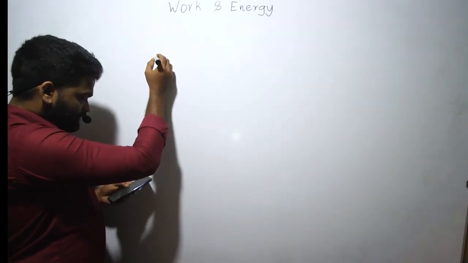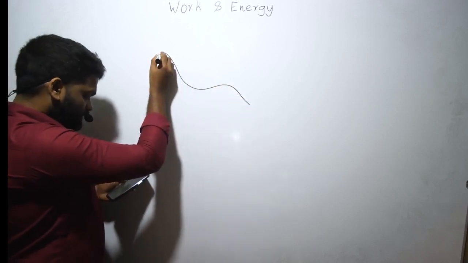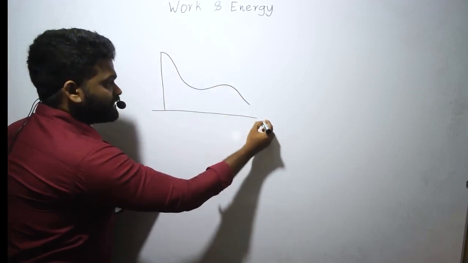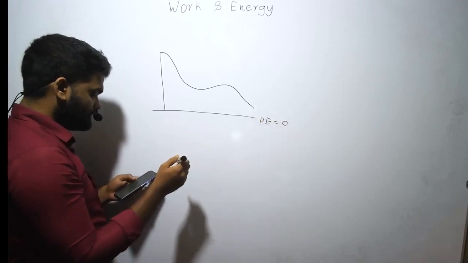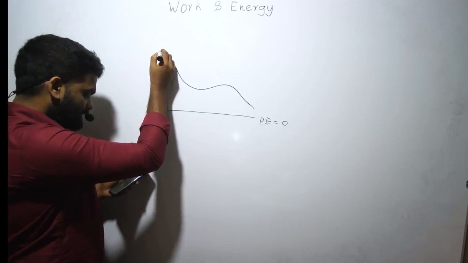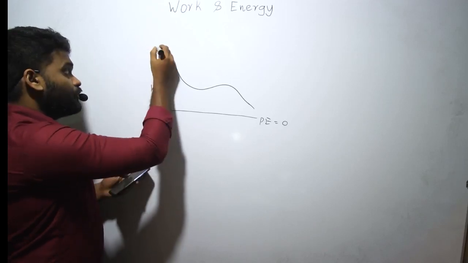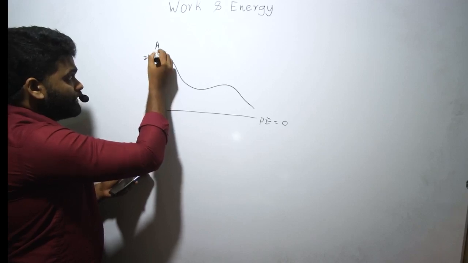So you have this path. We will say this is the potential energy 0 level. This height is given as 14 meters, and we have the point A. The mass is 2 kilograms.